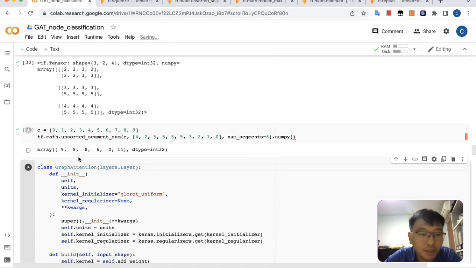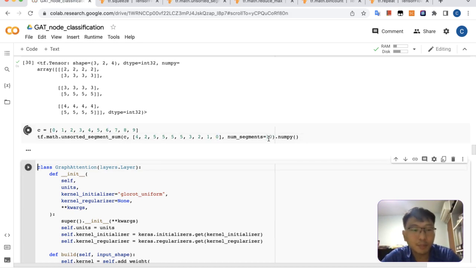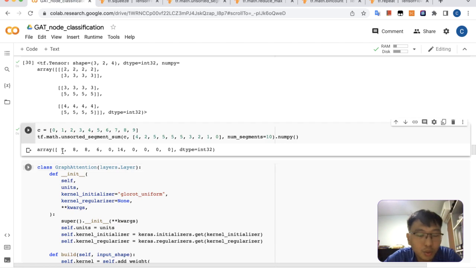Okay, so we have a different number here, so 9 8 8 6 0 14. Okay, let's just put more segments. I'm not too sure how we got all this, so this is 4 2 5 5 5, so it's 0 5 5 5 5 3 2 1.